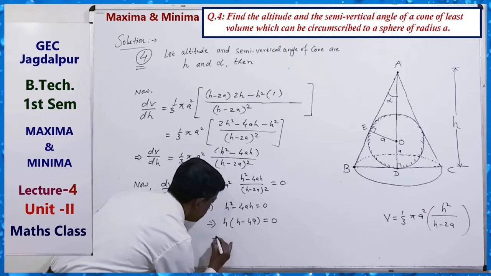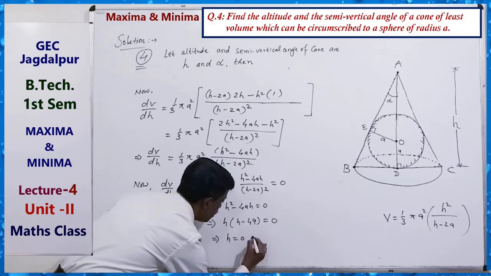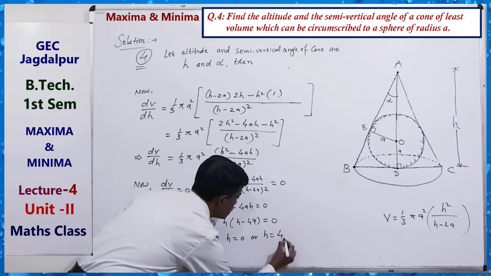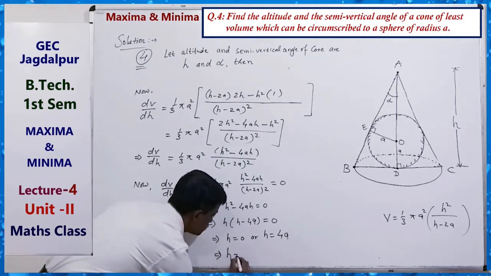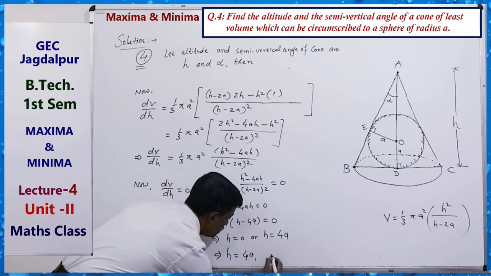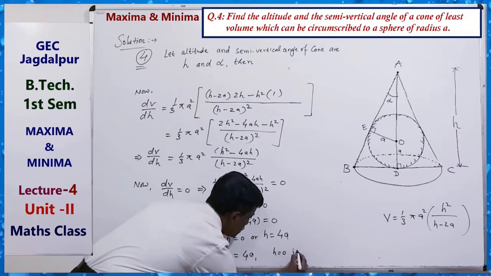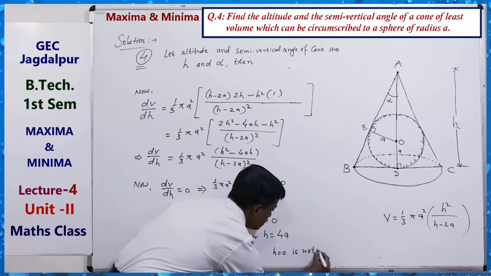So h equals 0 or h equals 4a. h equals 0 is not possible, which implies h equals 4a.